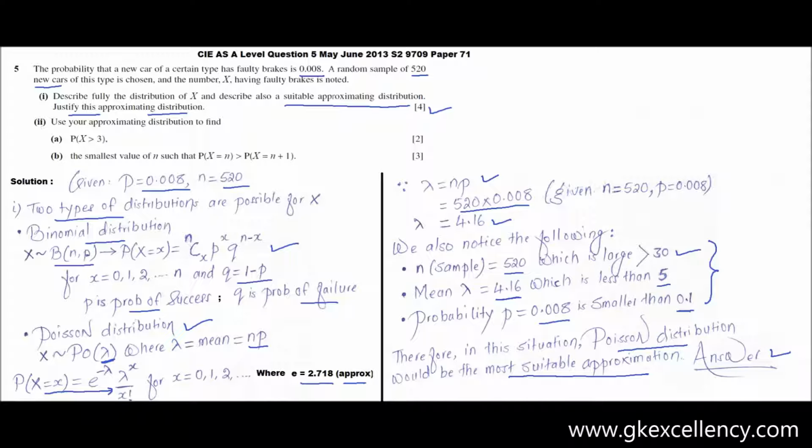Now let's see part 2 here. Use the approximating distribution to find the probability that X is greater than 3. It means we are supposed to find the probability of getting faulty brakes greater than 3. So let's see the solution.